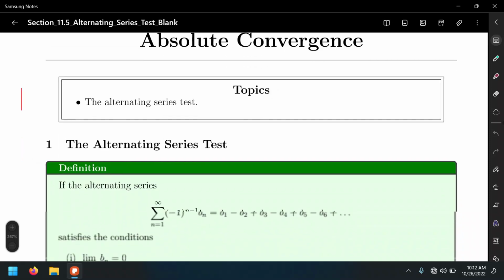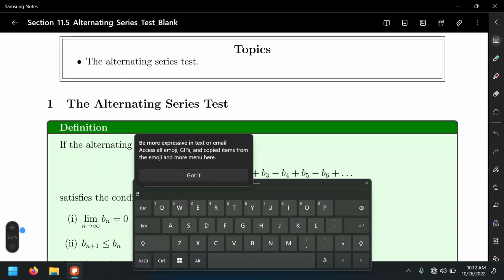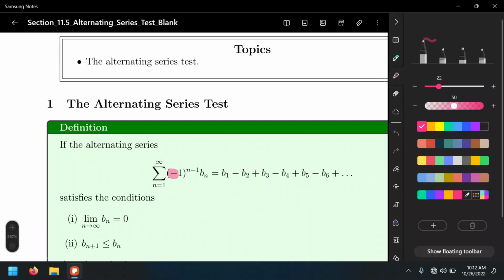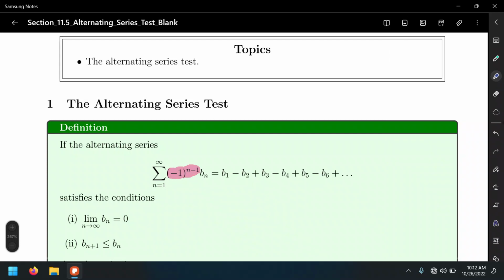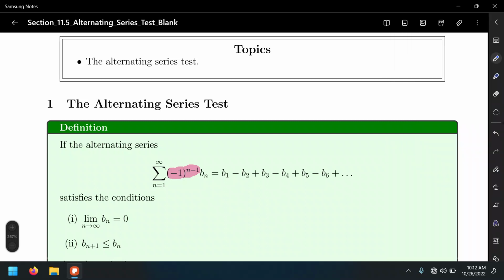So what is the alternating series going to look like? Well, we already looked at that back when we looked at sequences, when we had this alternating factor, negative 1 to the n minus 1. That's what makes the terms of the series alternate between positive and negative. And that's not the only possibility.